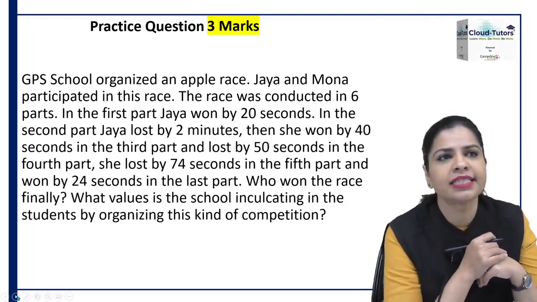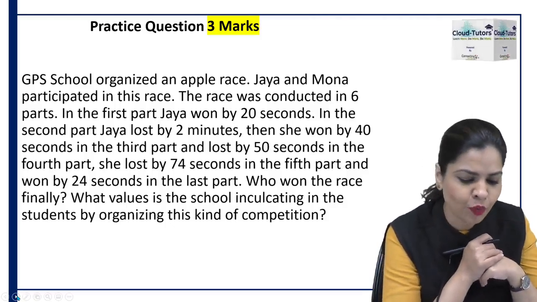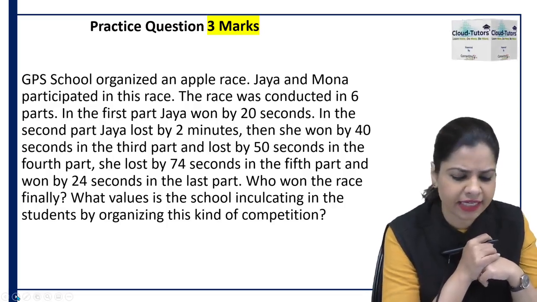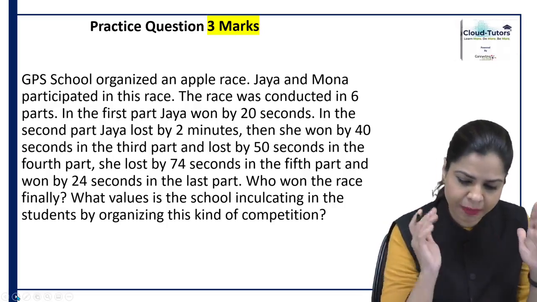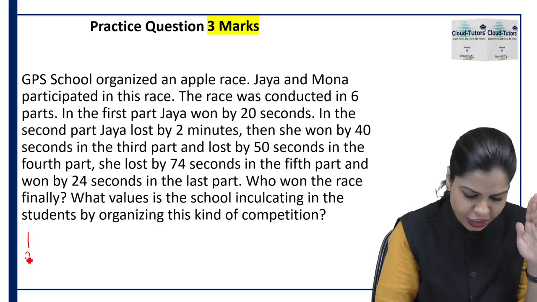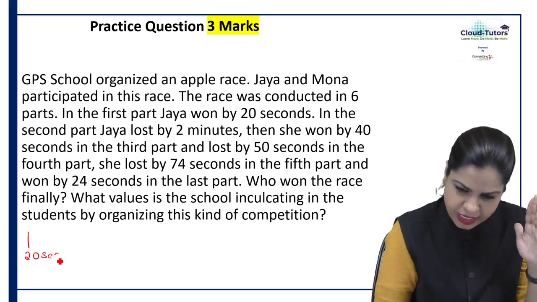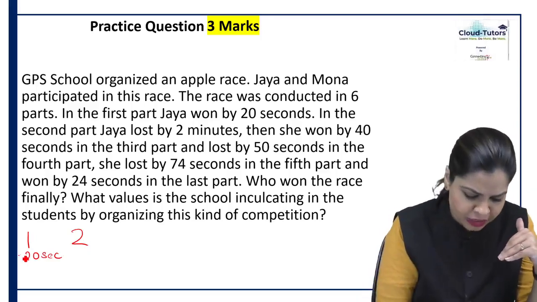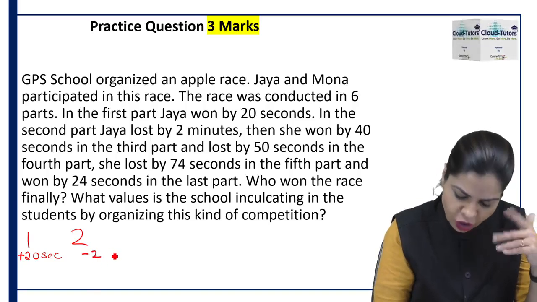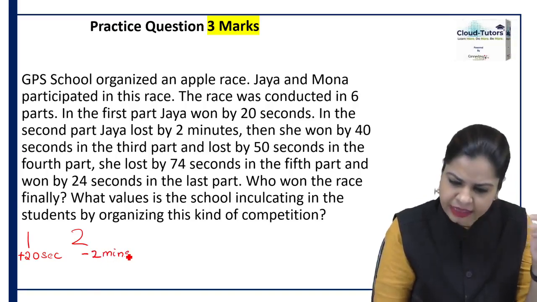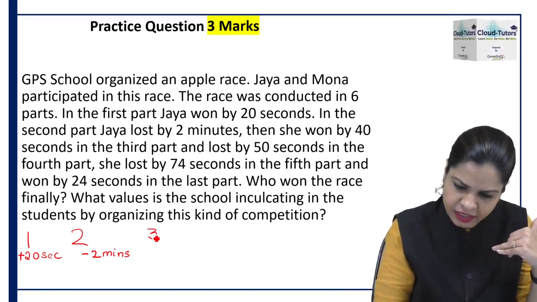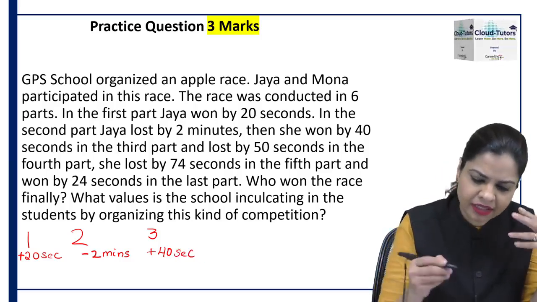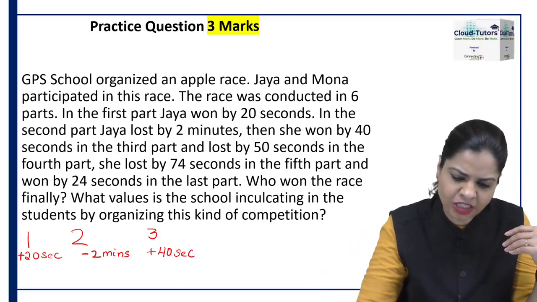GPA school organized an apple race. Jaya and Mona participated in this race. The race was conducted in 6 parts. In the first part, Jaya won by 20 seconds. In the second part, Jaya lost by 2 minutes. So this is plus 20, and here lost by 2 minutes.